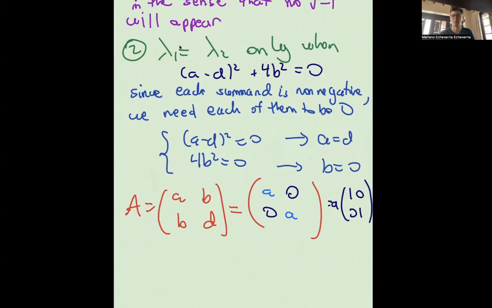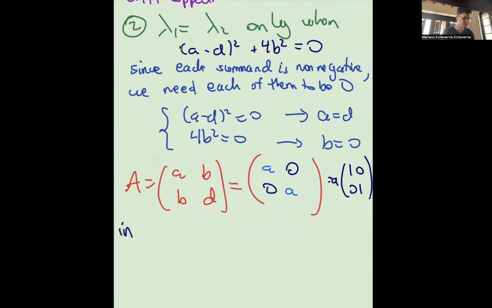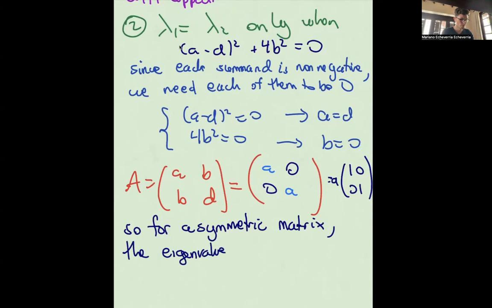That doesn't matter too much. But what this is saying is that for a symmetric matrix, the eigenvalues can be repeated only when it is a multiple of the identity. The eigenvalues are the same only when A is a multiple of the identity.